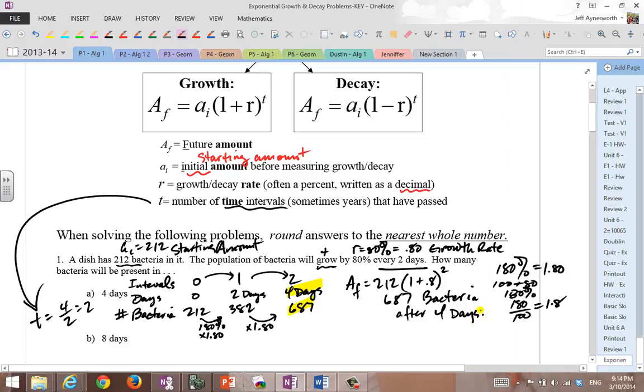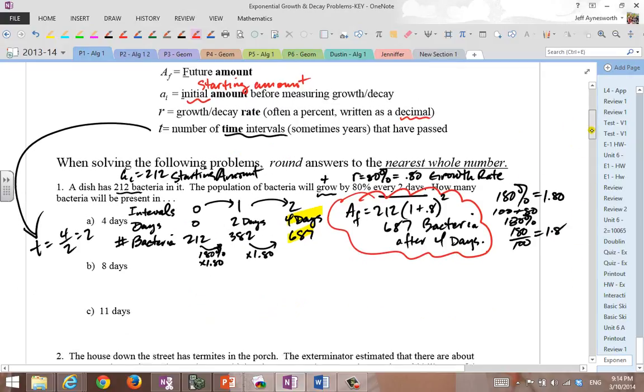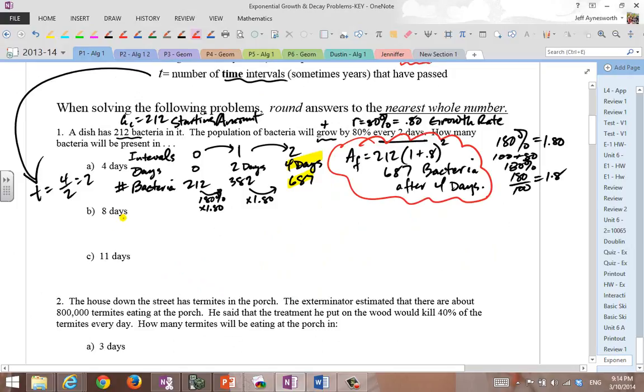And this is the way that you want to handle the situation in all of these cases. You don't want to do it day by day like I've done in previous lessons. You want to be smart about it and use the growth function or decay function depending on what's going on. Let me show you one more time. Now, in 8 days, how many time periods have passed?